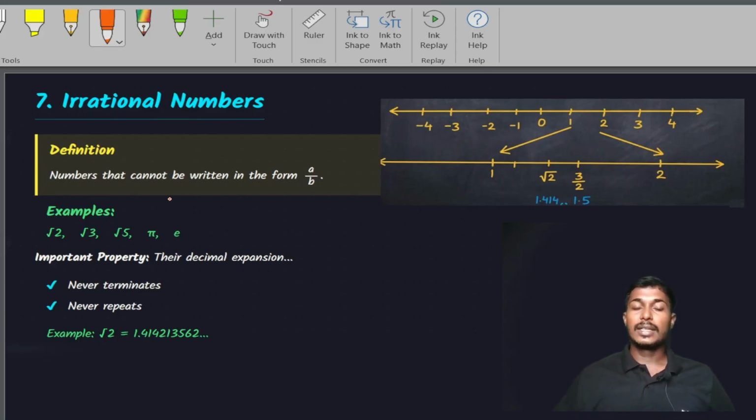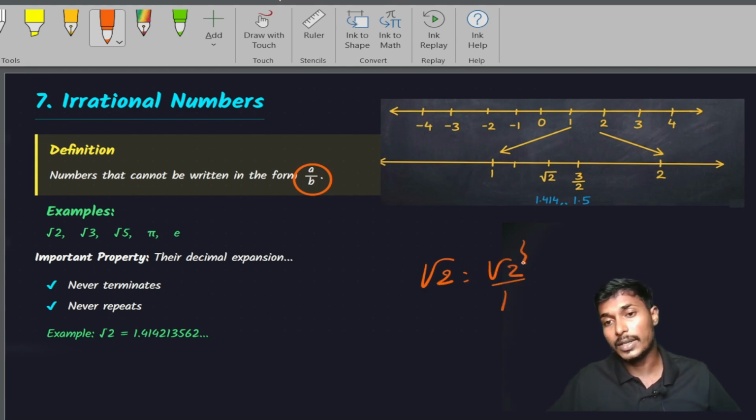An irrational number is any number which cannot be written in the form a by b. Now, sir, how are we going to define which number cannot be written? Sir, we can write root 2 as root 2 by 1, but who said root 2 is an integer? Did I say so? No, root 2 is not an integer.